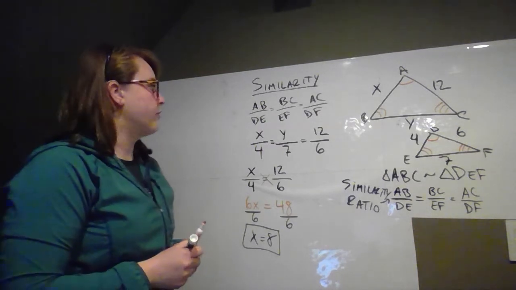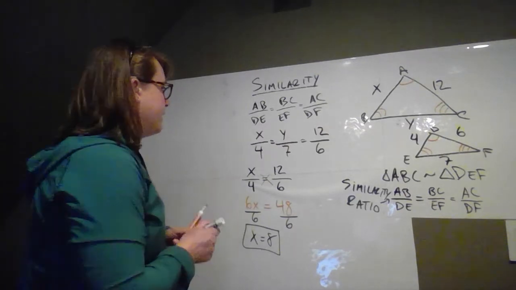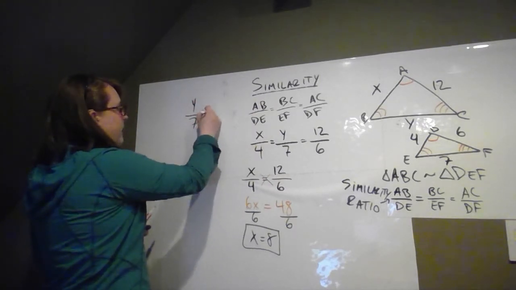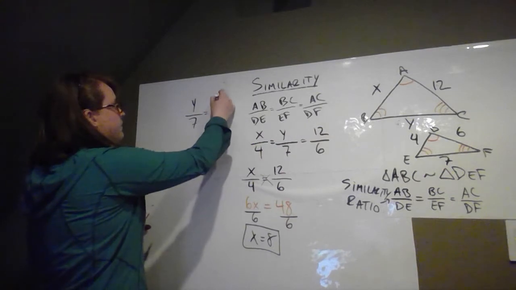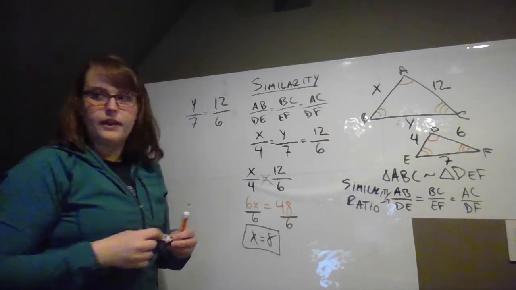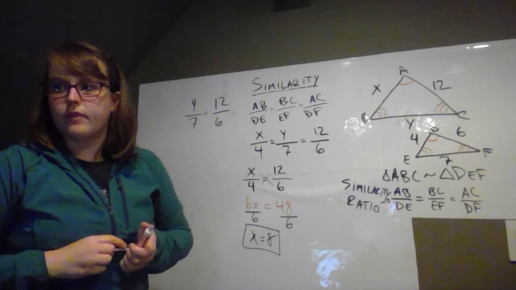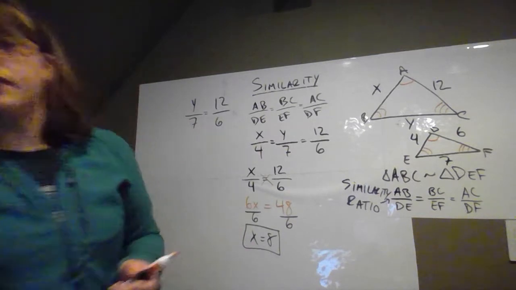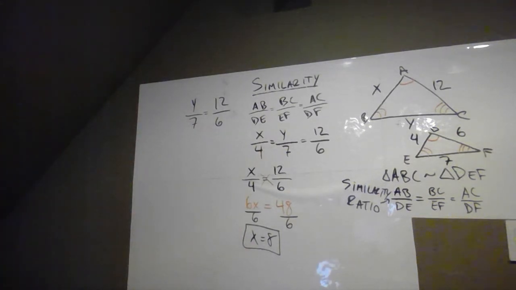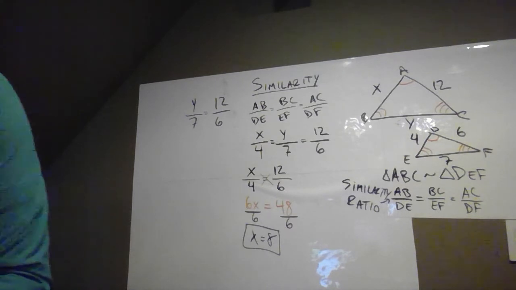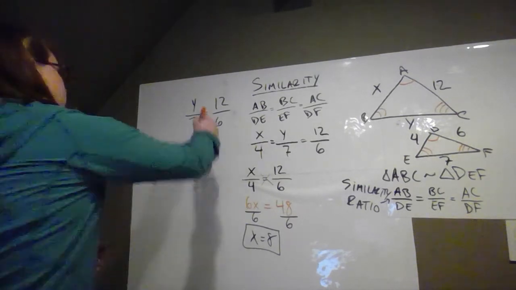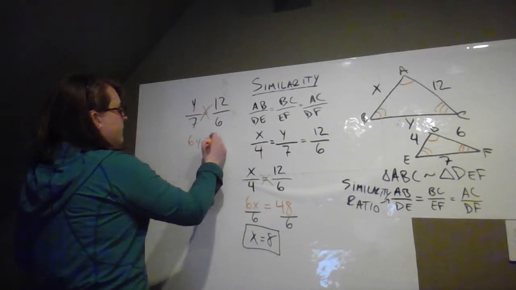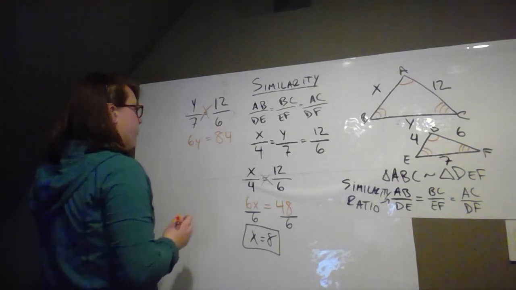The second thing I have to do is solve for y. So I'm going to do the same kind of thing I did here, except I'm going to take the y over 7 this time. And I'm going to set it equal to the one that does not have a variable in it, so 12 over 6. And we're going to do the exact same thing. Using our cross-multiplying skills, 6 times y is 6y. 7 times 12, 84.